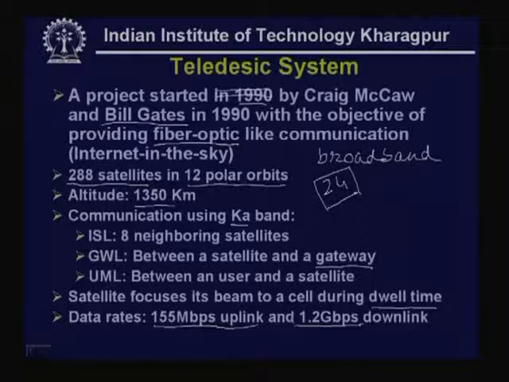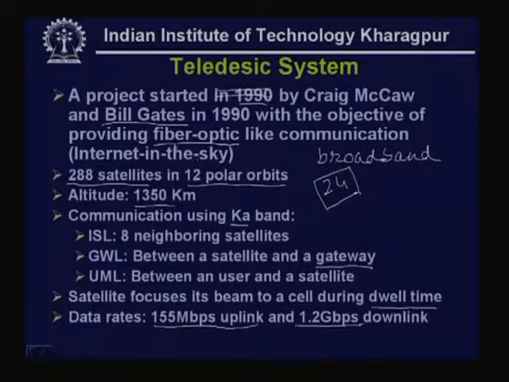I think such a high data rate is quite sufficient for any type of communication, both voice, video and data, and that is why we say the Teledesic system is being developed to provide fiber optic like communication, and it has the potential to cover the entire earth with 288 satellites.